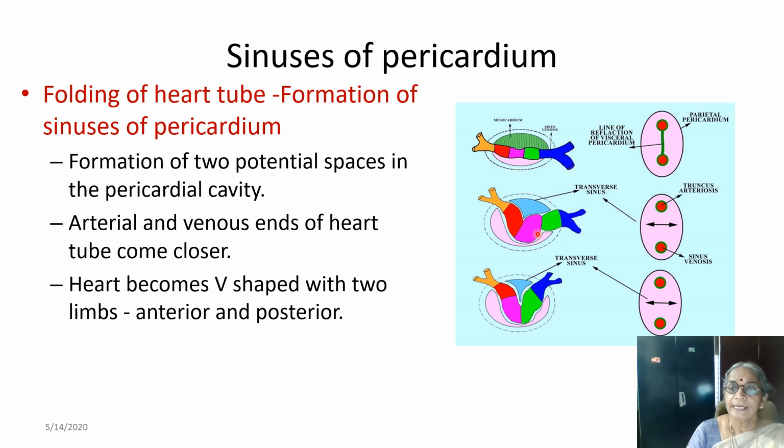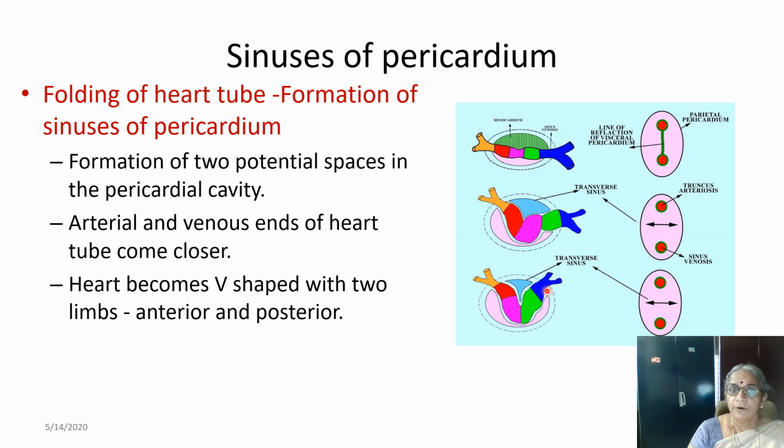When it starts getting folded gradually, between the arterial and venous ends, there is the formation of the transverse sinus of pericardium, and behind the venous end will be the formation of another sinus of pericardium known as oblique sinus.